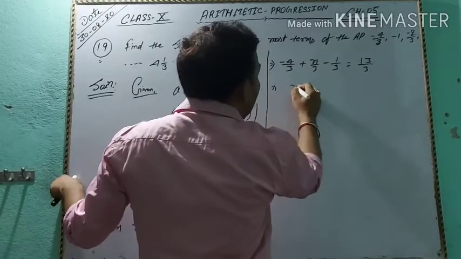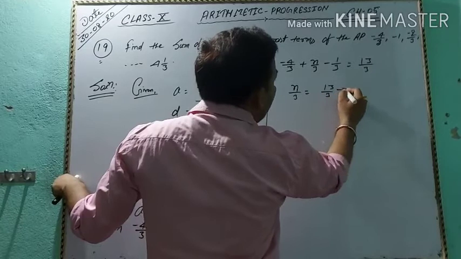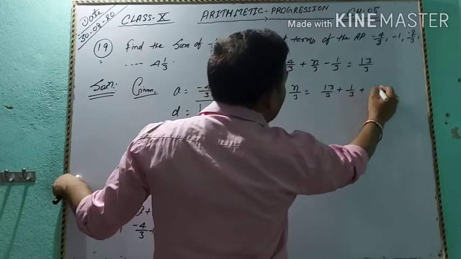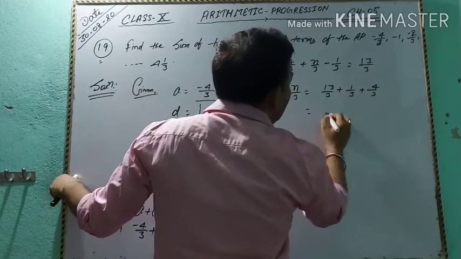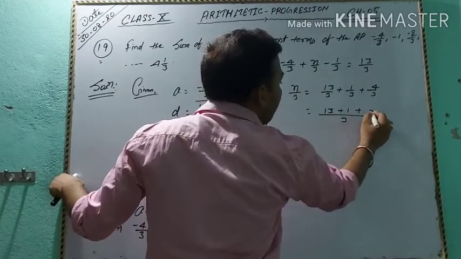For students, n by 3 equals 13 by 3 plus 1 by 3 plus 4 by 3. Taking LCM 3, that is 13 plus 1 plus 4.